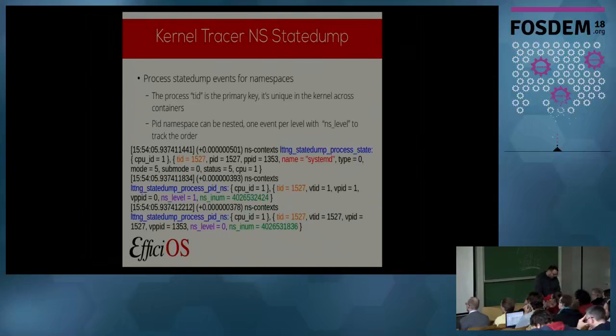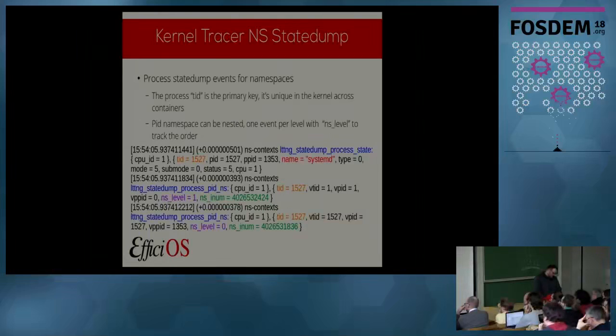And then we get two PID-NS state dump events, so we can see that the namespaces are nested. The first event has a level of 1, so this is the namespace of the container, and the other one has a namespace level of 0, that's the host root namespace.